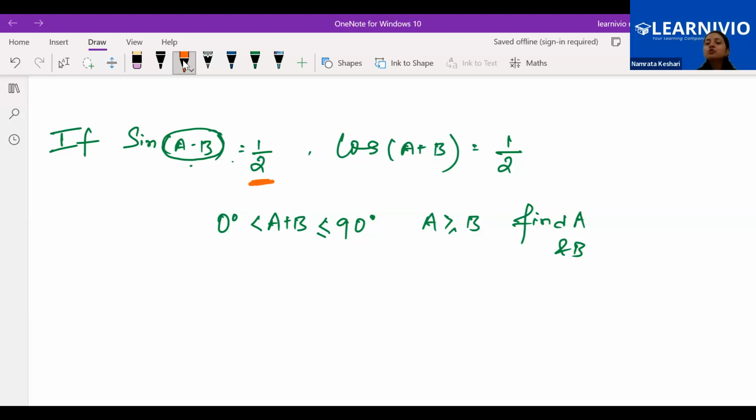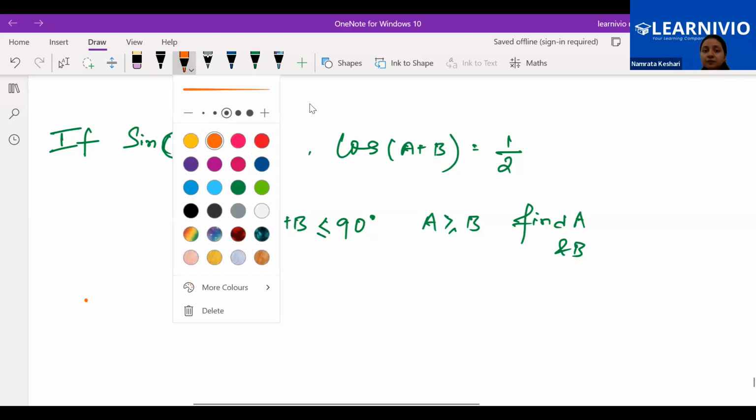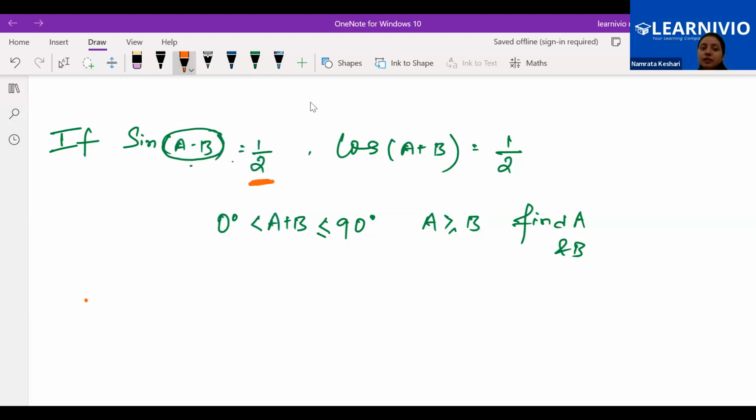For 1 by 2 also we will write it as sine of the angle which gives us the value 1 by 2. Can you tell me which angle gives us 1 by 2 for sine? Who will say? 30. 30 degree.